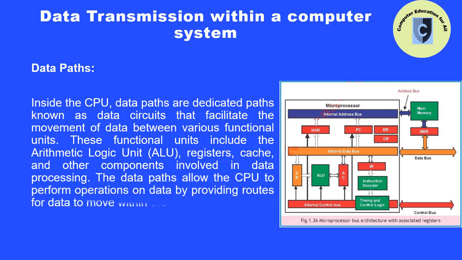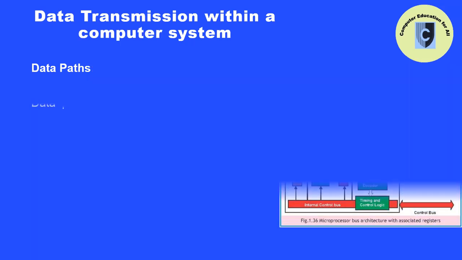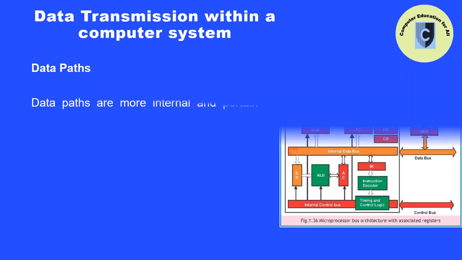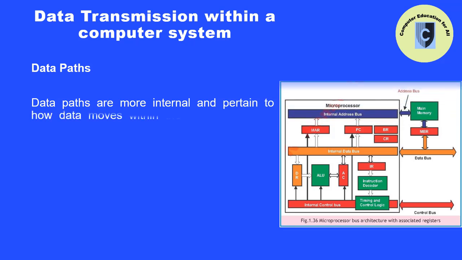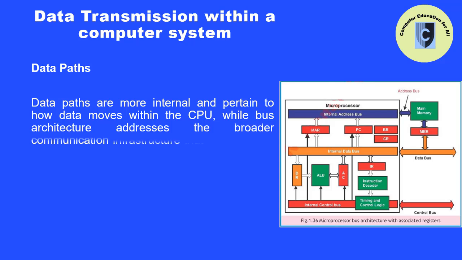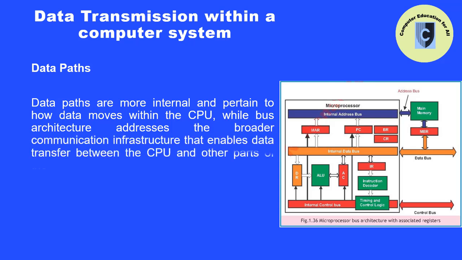The data paths allow the CPU to perform operations on data by providing routes for data to move within the processor. Data paths are more internal and pertain to how data moves within the CPU, while bus architecture addresses the broader communication infrastructure that enables data transfer between the CPU and other parts of the computer system. Details are shown in Fig.